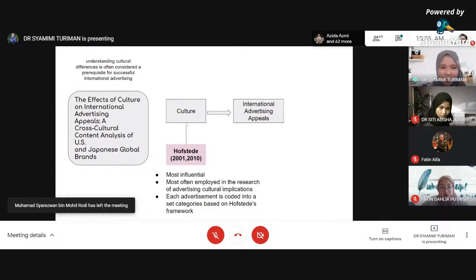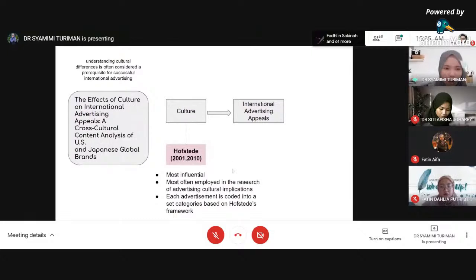In the end, out of the 4 cultural dimensions here, the researcher decides to adopt Hofstede's cultural framework, because of these justifications: Hofstede's cultural dimension is considered the most influential, and it is most often employed in research on advertising cultural implications.